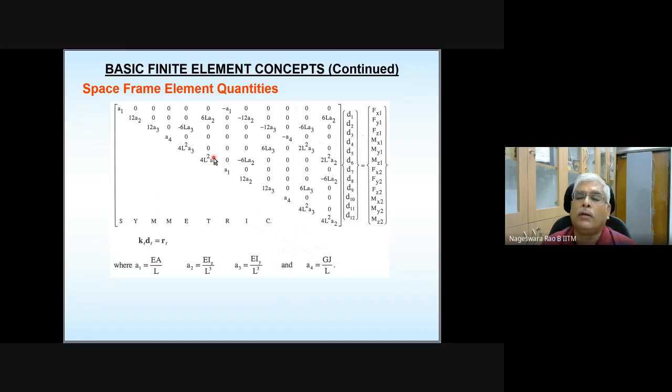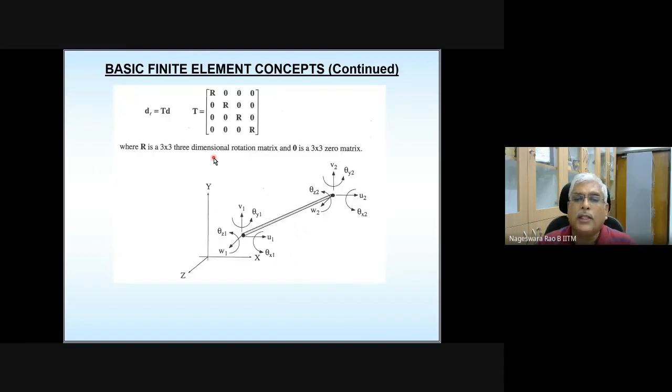So now we need to focus on how to get this transformation matrix. How is this transformation matrix going to look? This is how it's going to look. Local displacements are going to be related to global displacements via this transformation matrix. This relation is similar to what we have seen for trusses or plane frames.